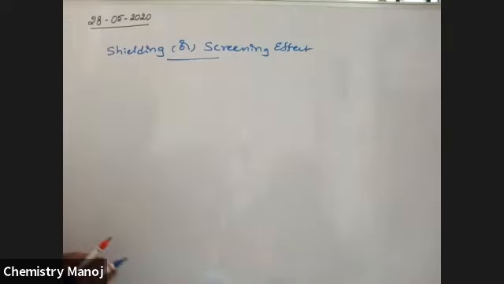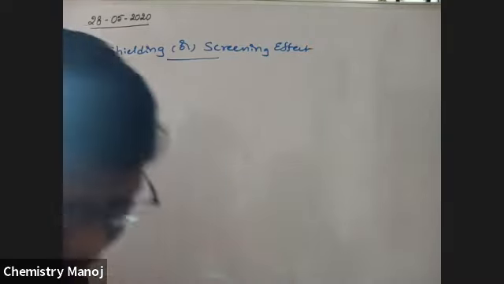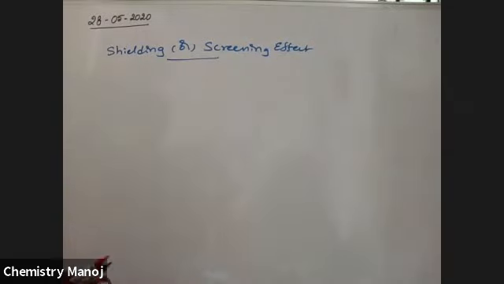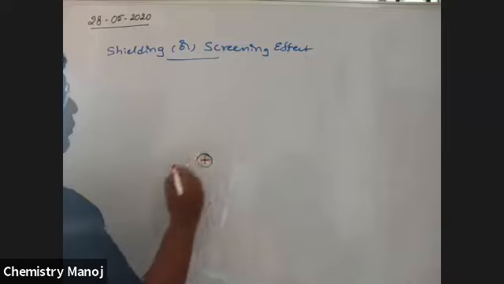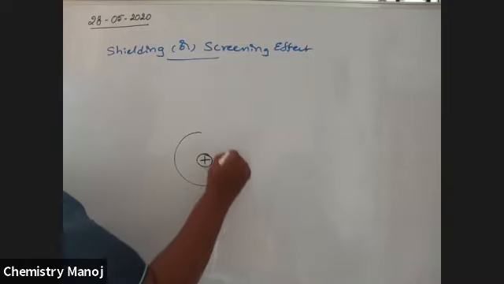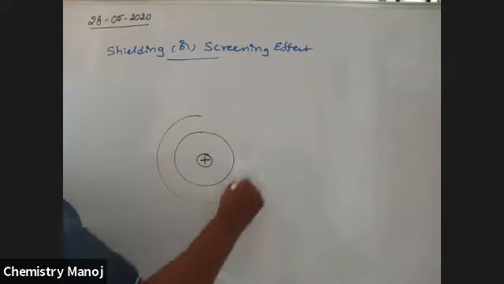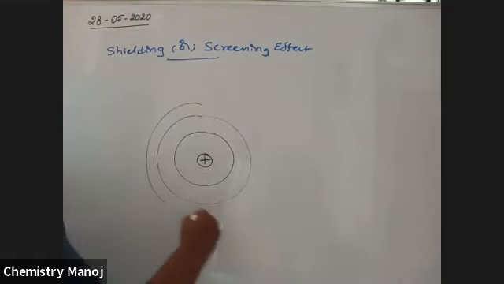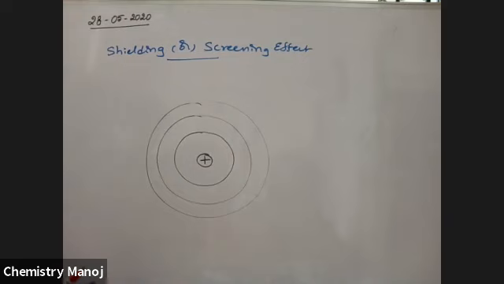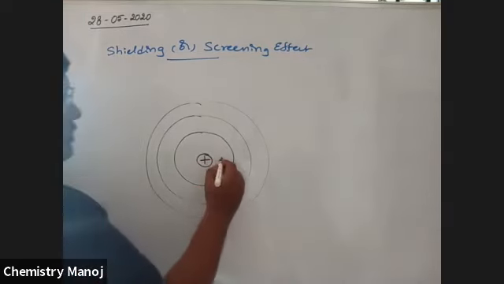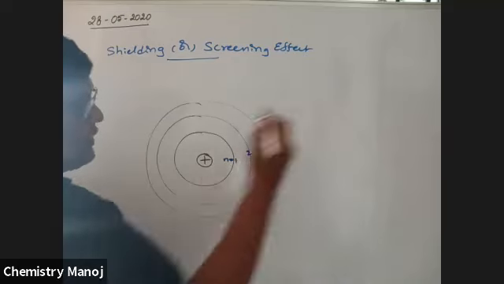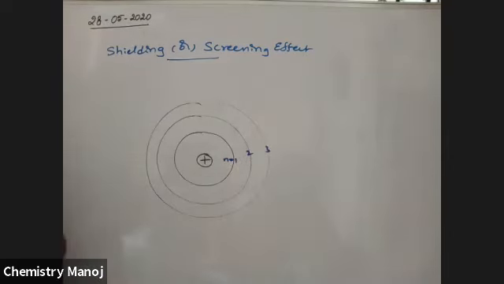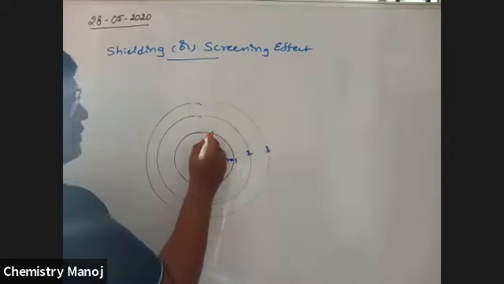See here, these are the different orbits. This is the nucleus. First orbit, n is equal to 1, 2, 3, like this, the n values. The first orbit contains 2 electrons.